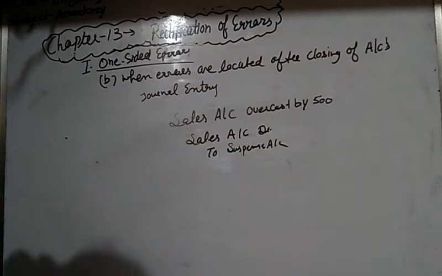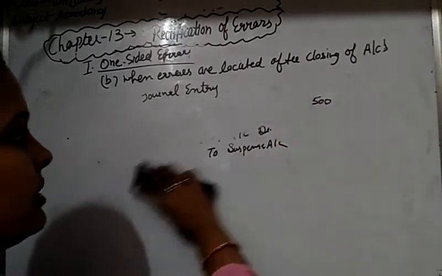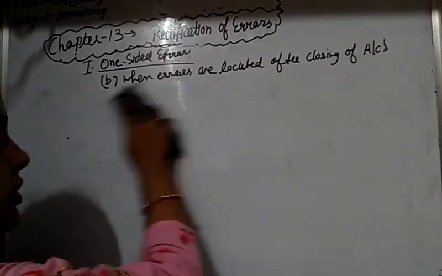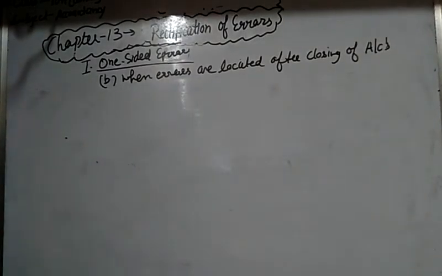Okay, so in case of one-sided error, when accounts are closed and at that time errors are located, at that time we are passing journal entry to rectify the mistake or the error. So question number 1, we already did in the first part, where we were asked to rectify the errors.